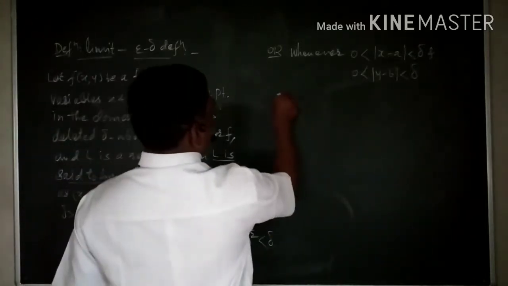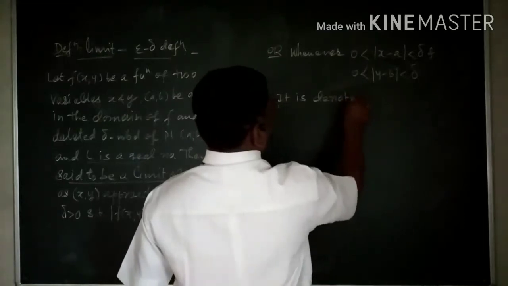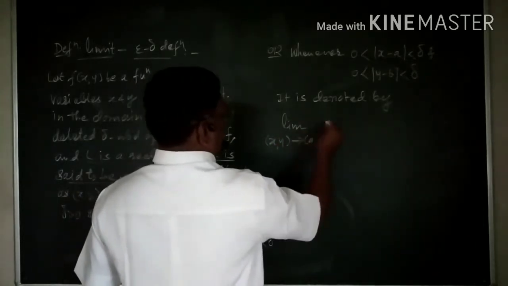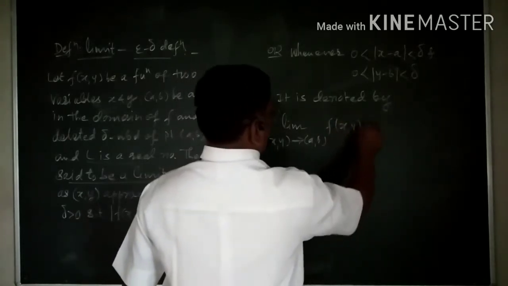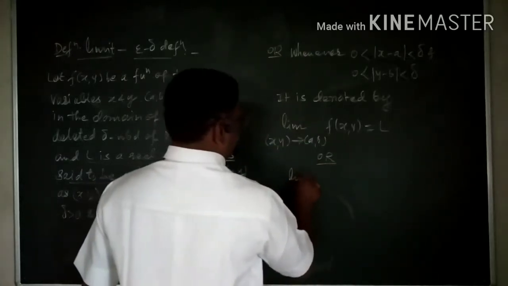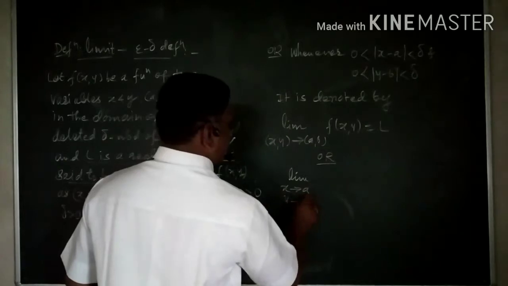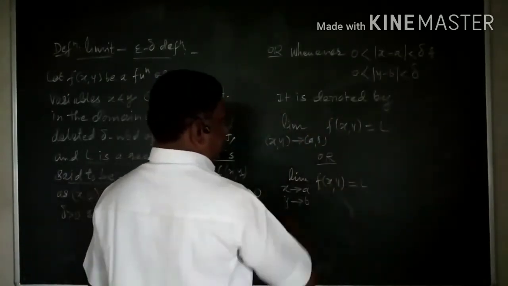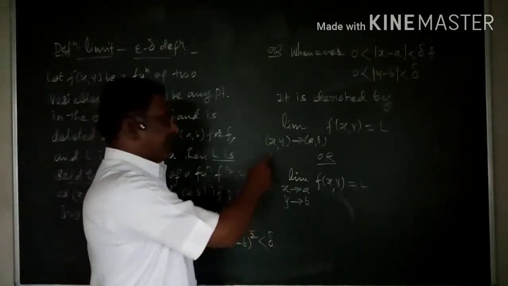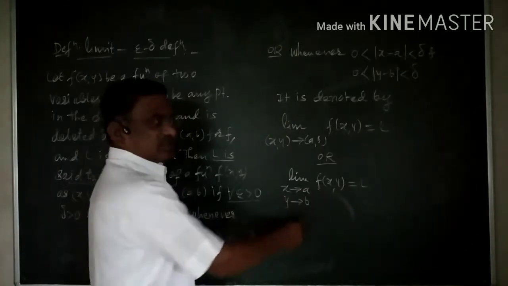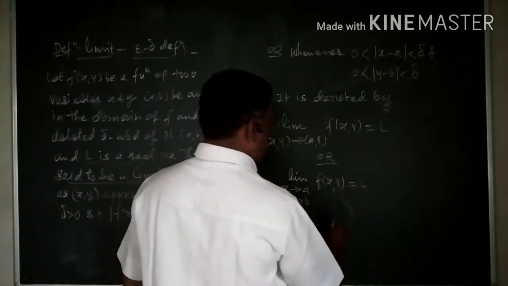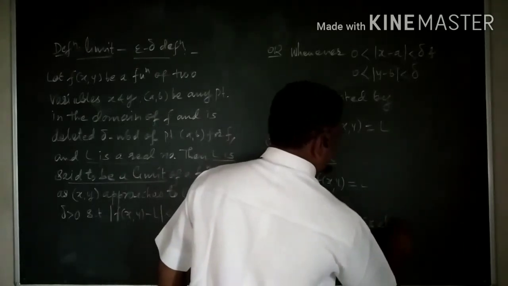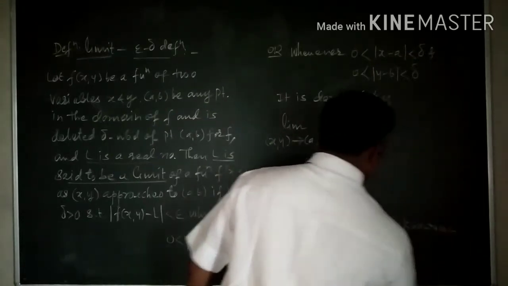Now this is denoted by the limit as (x, y) tends to (a, b) of f of x, y is equal to L, or here you can write the limit as x tends to a, y tends to b of f of x, y is equal to L. Here we are taking x tends to a and y tends to b at the same time, and therefore this limit is also known as the simultaneous limit.